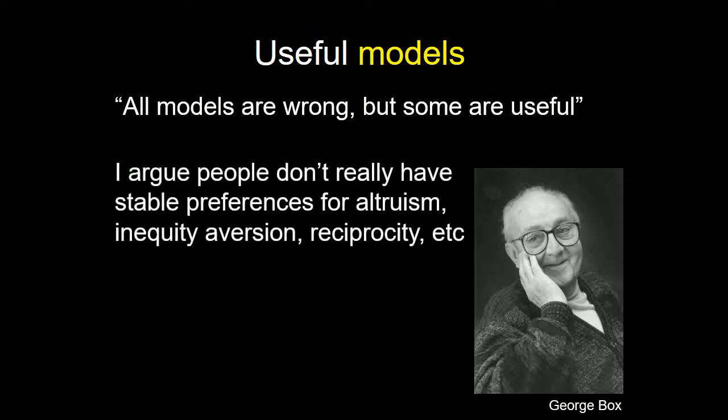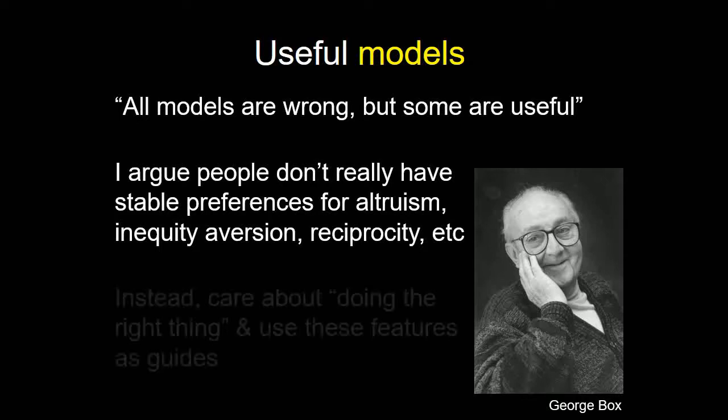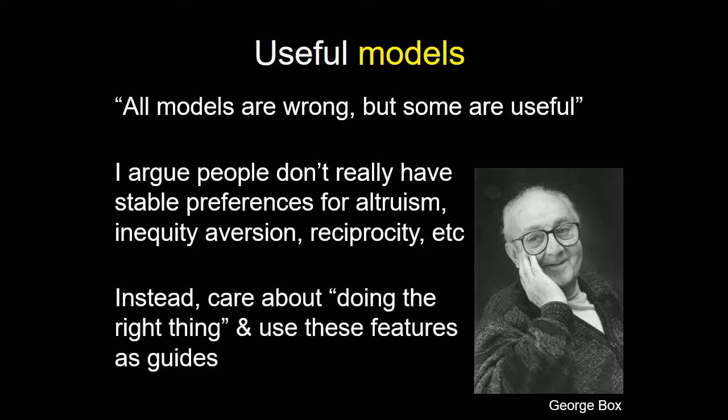But what I've argued in a recent paper is that I don't think that people actually have a utility function that has these different terms, like I care this amount about altruism, I care this amount about fairness, and let's balance them. But instead, people basically just have a preference for doing the right thing. And people vary in how much they care about doing the right thing.